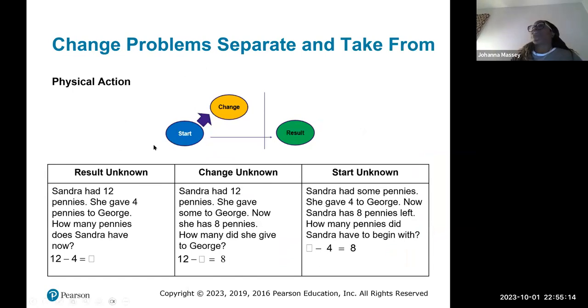Multiplication and division, not as hard as the addition and subtraction, especially with the physical actions and the non-physical actions. I really want you to understand that and be able to make problems related to this.